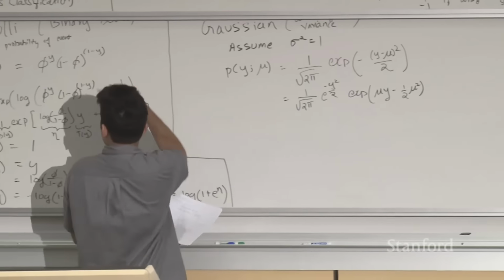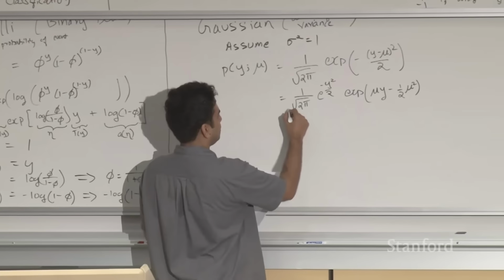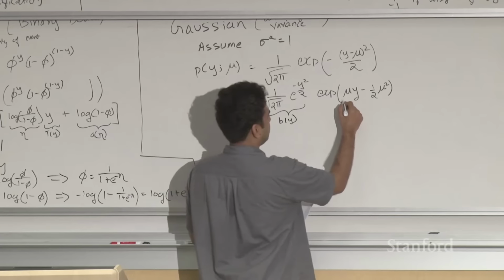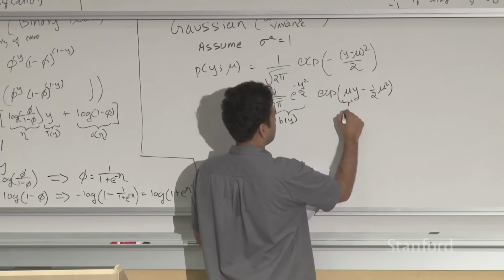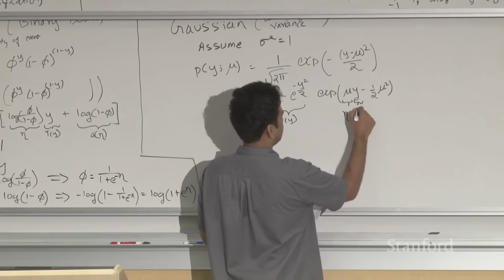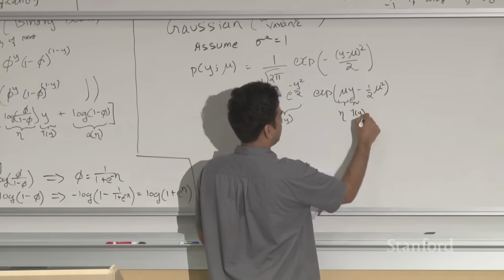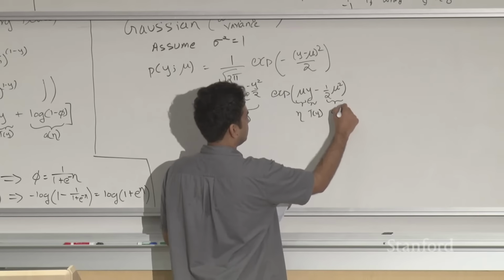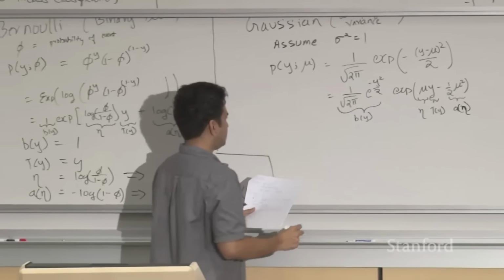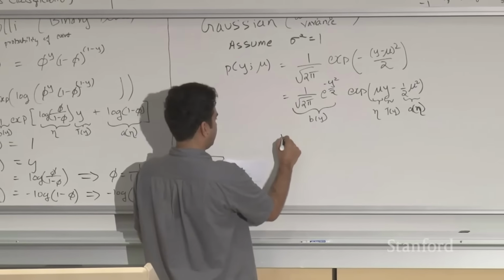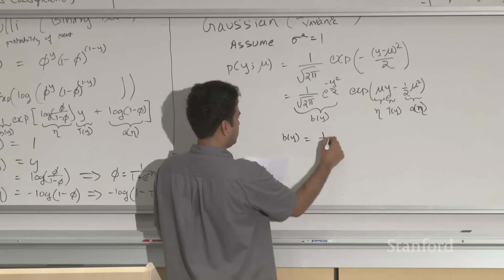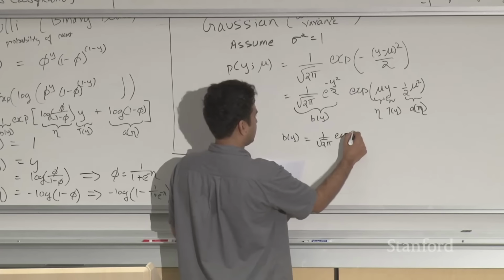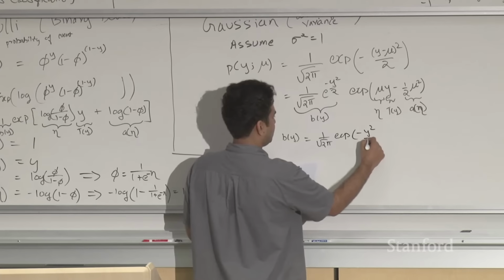Again, we go through the same exercise, pattern match. This is B of y, this is eta, this is T of y, and this would be A of eta. So we have B of y equals 1 over root 2 pi e to the minus y square by 2.